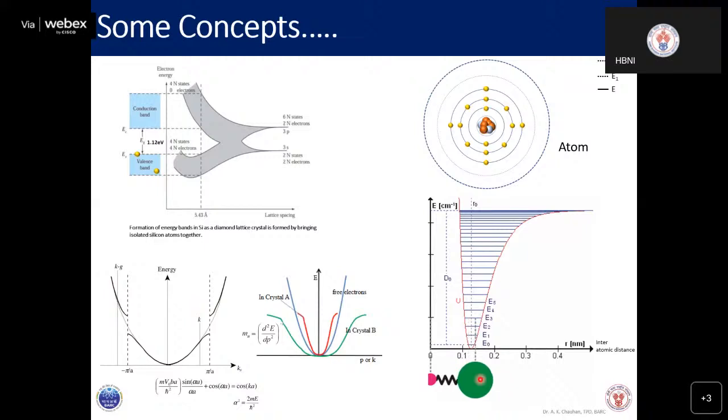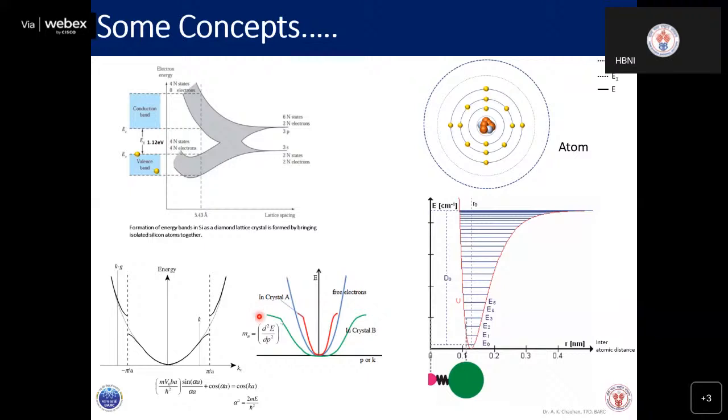Now consider only this small part of the parabola, suppose. For some crystals you can have a narrow parabola, and for some crystals a broader parabola. This is the free electron E-k curve. Different crystals have different kinds of parabolas.